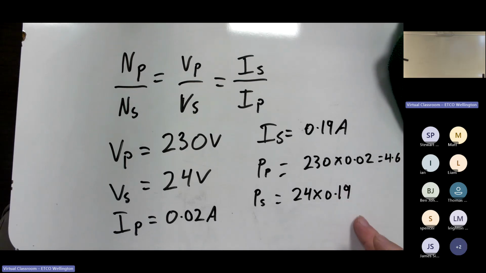And then 24 times 0.19 gives 4.56, within spitting distance, so within 0.04. So yeah, there's rounding errors, but really it should be 4.6 on both sides because power is just V times I. So it should be the same on both sides.